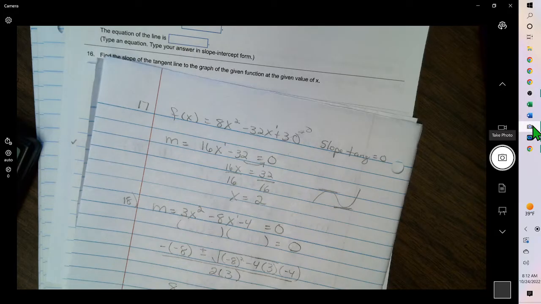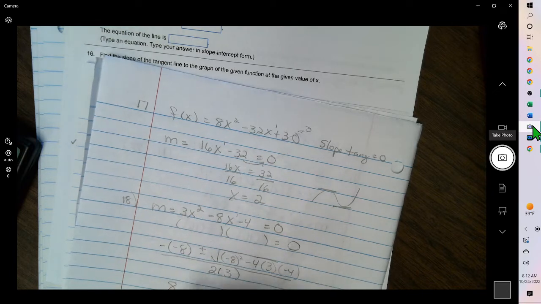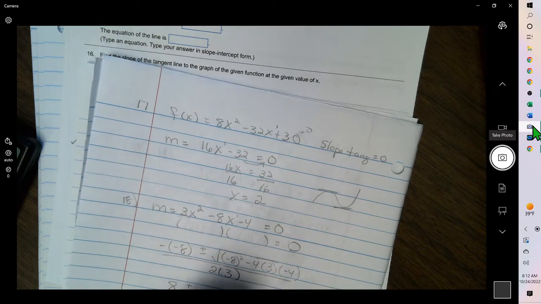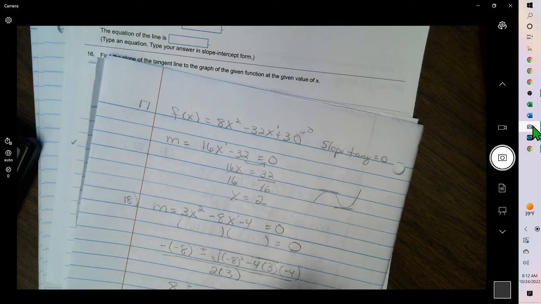Okay, sorry about that. Negative and negative is a positive. Plus or minus, and then calculate the square root part. Let's see. 8 negative 64.